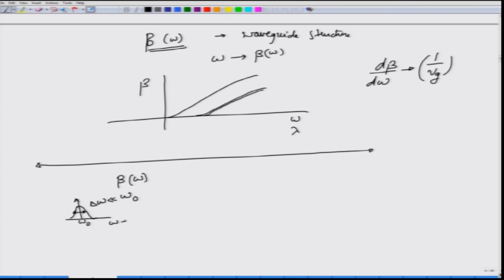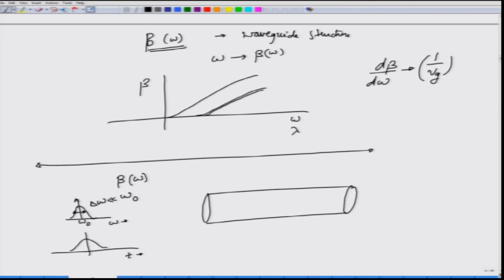So, this is in the frequency domain. If you look at this in the time domain, you might see a time waveform here. The objective for us would be to find what happens to this pulse when you have non-zero dispersion in the fiber, and that is what we are going to do in the next module.